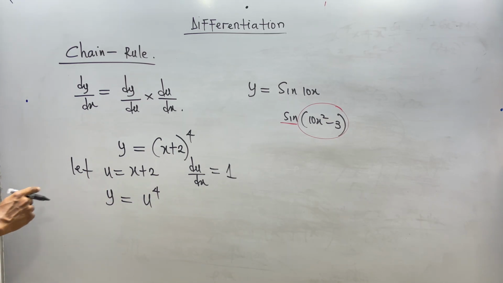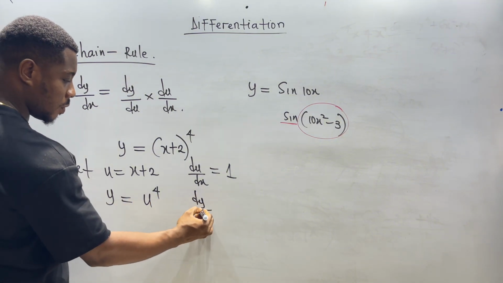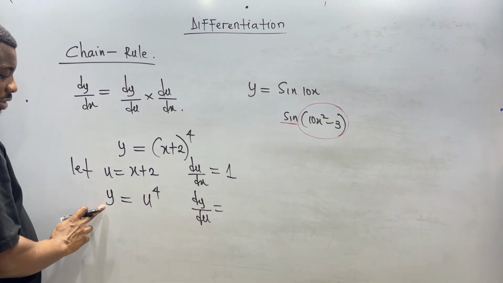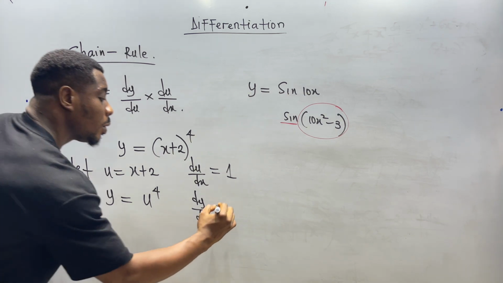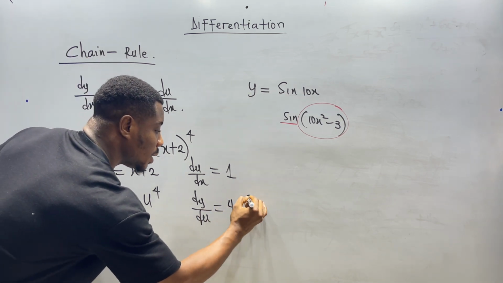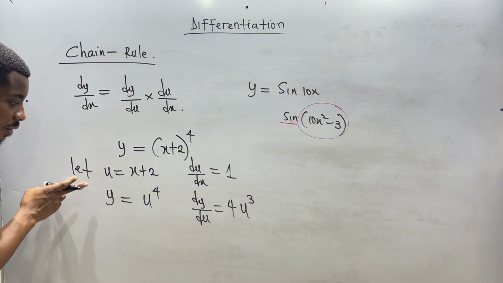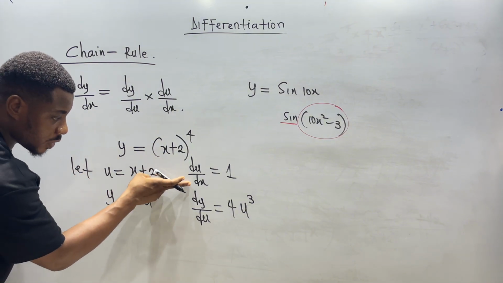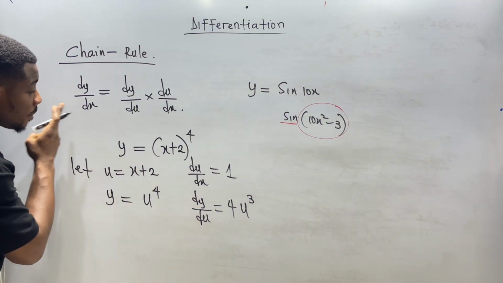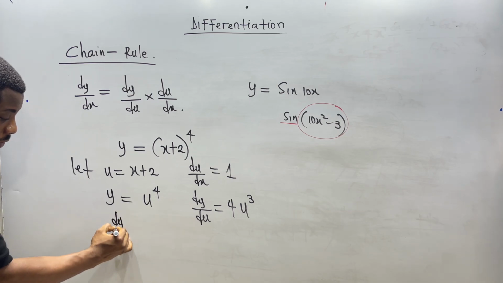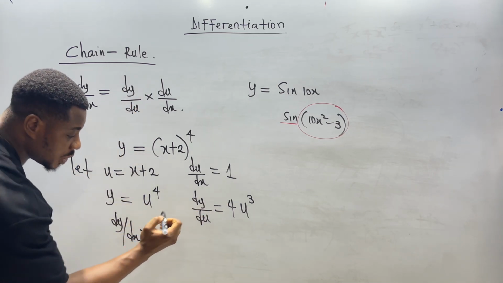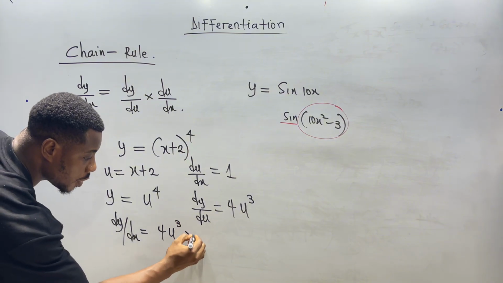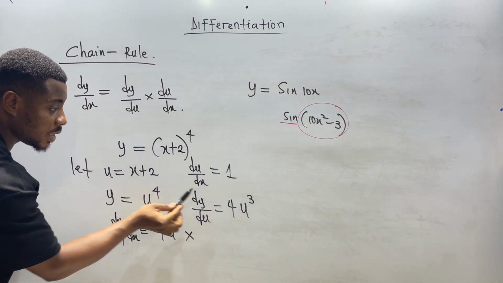Now, next thing you do, differentiate this. What is dy over du? That is, what is the derivative of y with respect to u? Apply our power rule. We're going to have 4u cubed. Now, since we have gotten du over dx and dy over du, we can apply chain rule, which tells us that dy over dx is dy over du, which is 4u cubed, times du over dx, which we have gotten as 1.